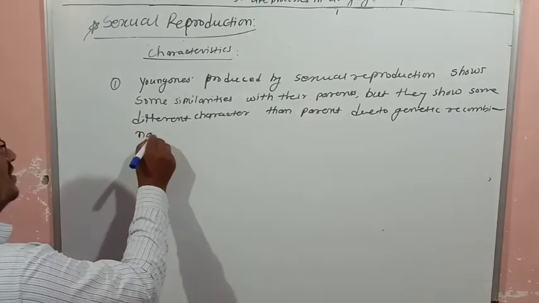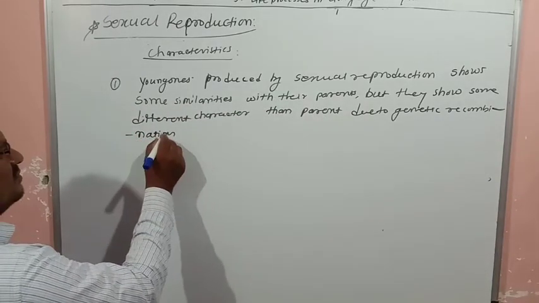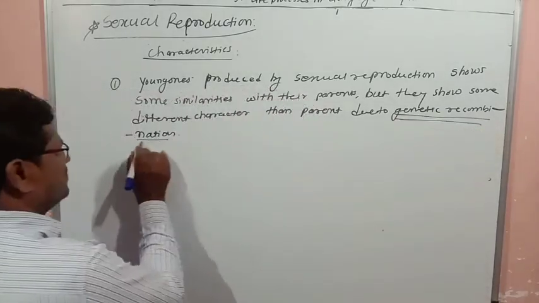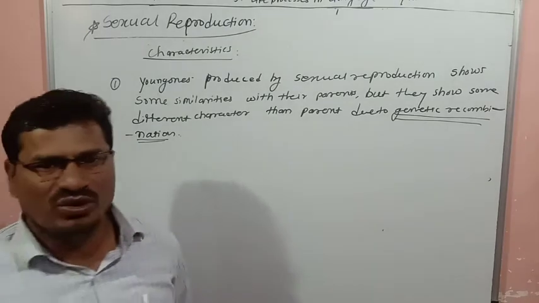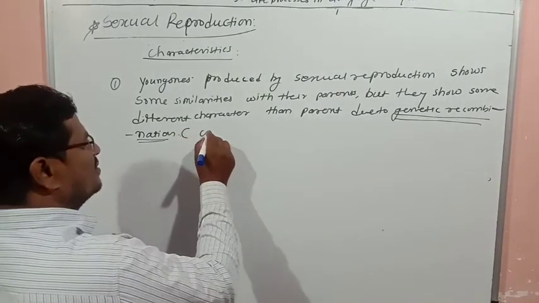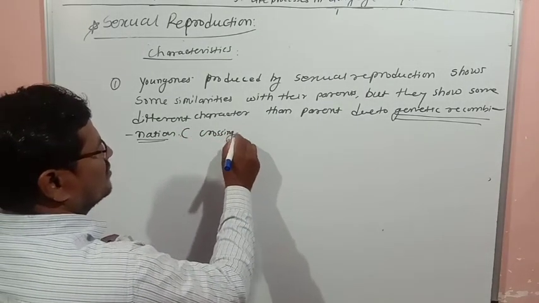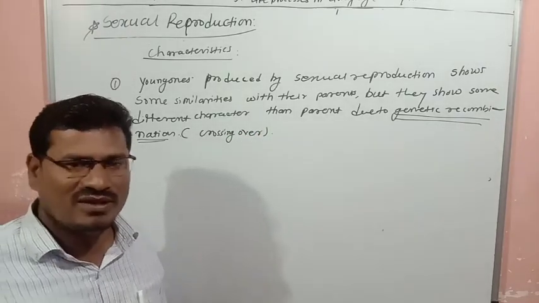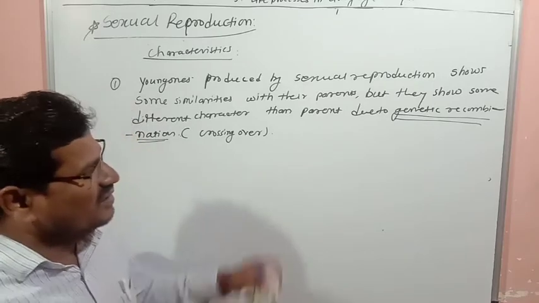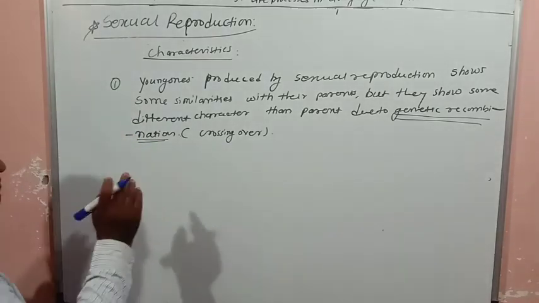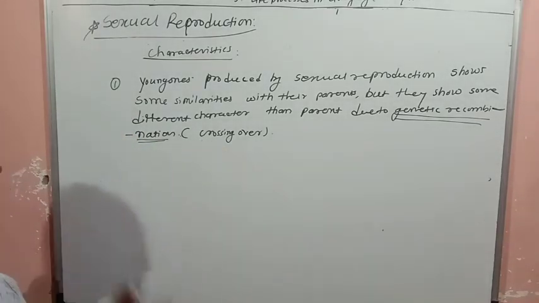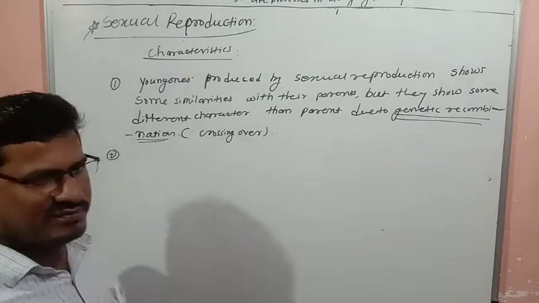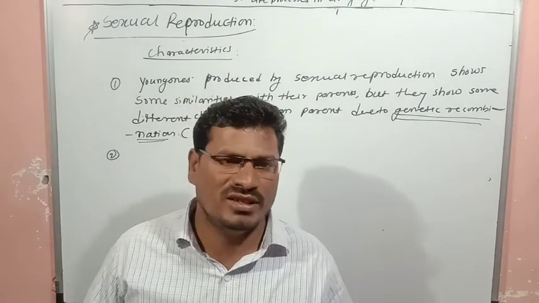This genetic recombination is an important word. Due to crossing over also, some characteristics are similar but some are different from the parents. These are called genetic variation, genetic recombination.